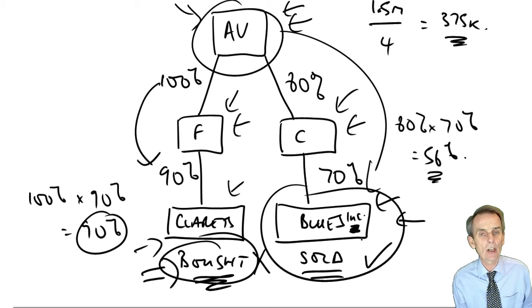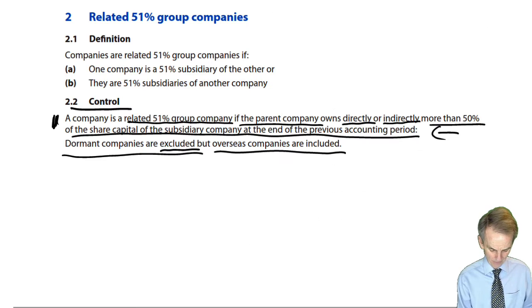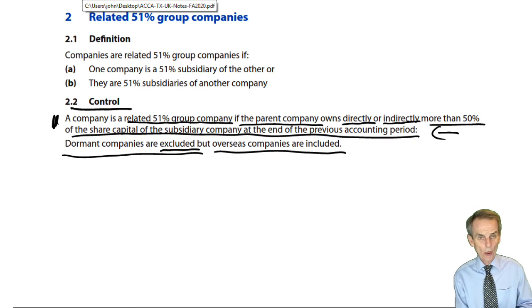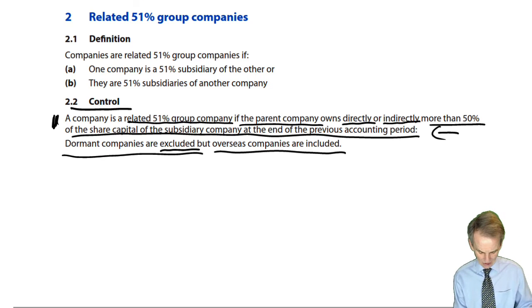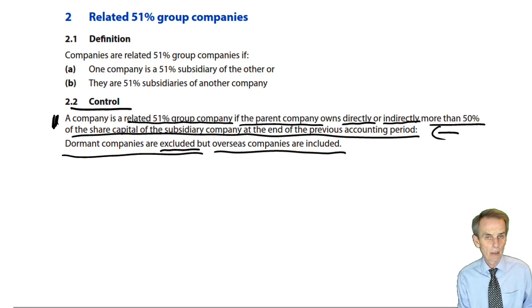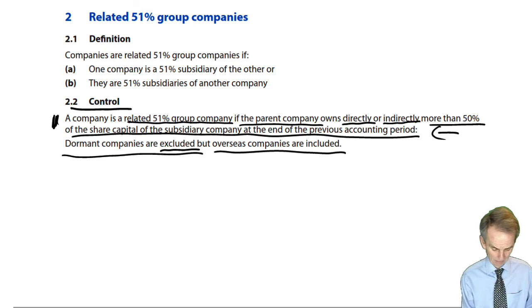Those overseas subsidiaries will still be included as related 51% group companies. So dormant companies throughout the accounting period are excluded. Overseas companies, even though they may not have a UK corporate tax computation to prepare, do impact on the profit limit for all of the other UK resident companies within that particular group.